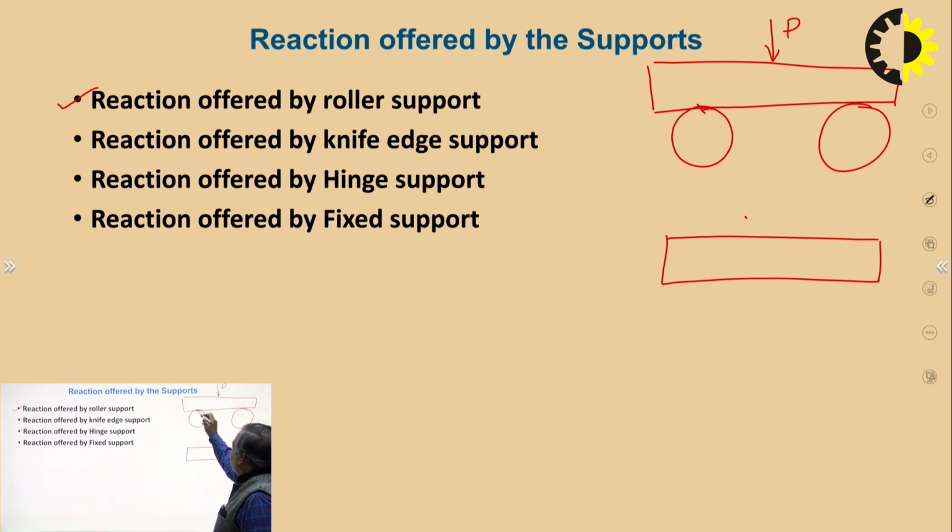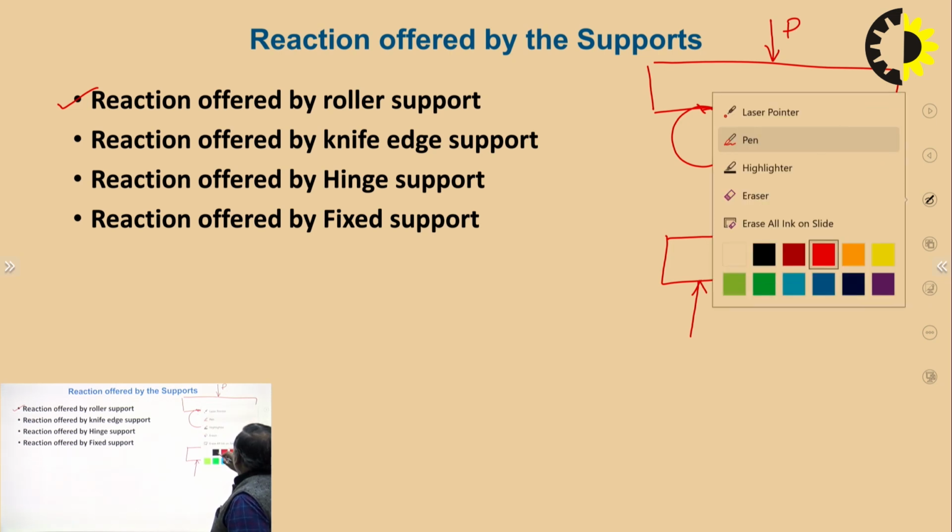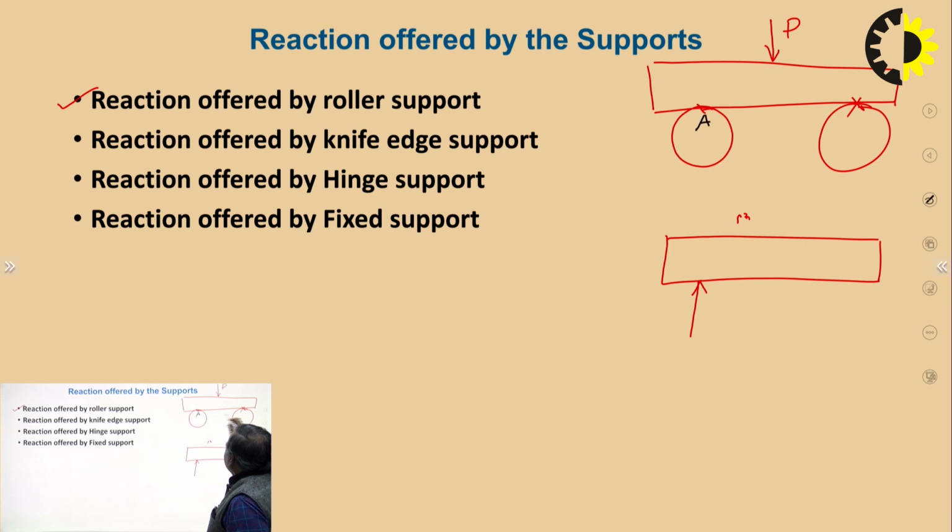So, at this point and this point, say if this is point A, this is point B, then this is VA and this is VB. These V stand for vertical. So, we have only vertical reactions in case of the roller support.